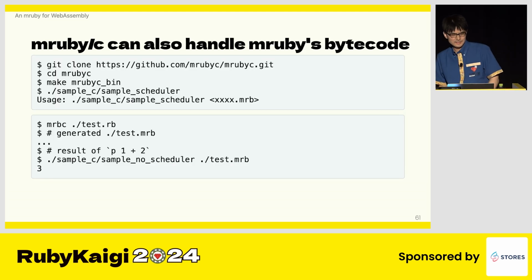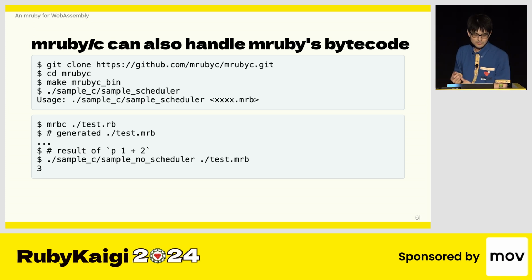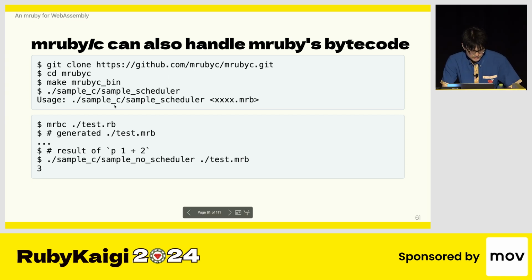But mruby can handle mruby's bytecode too. When you compile with the mrubc command, use this sample.